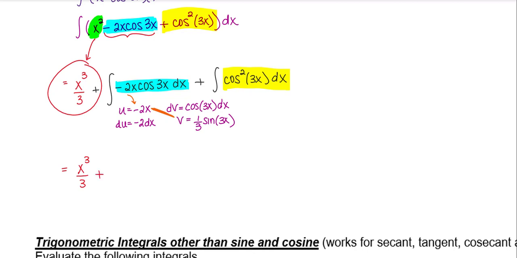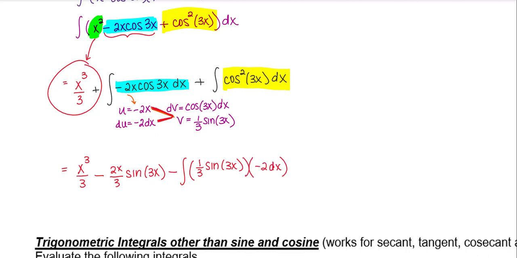Okay, so I'll keep writing that down, and then I have u times v. So this will become minus, so I'll change this here to be minus 2x over 3 sine 3x. And then it's minus the antiderivative of v, and I'm just going to write this down, du.